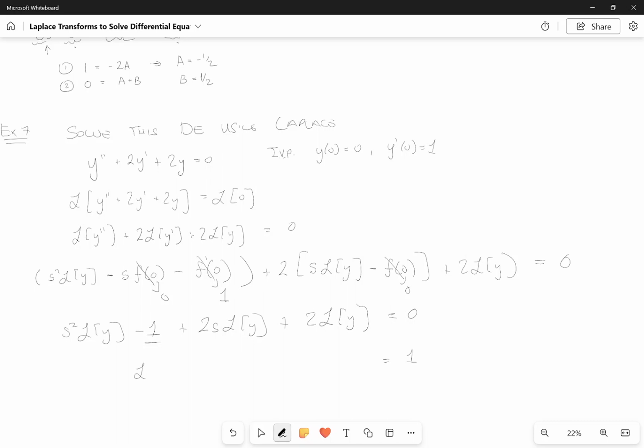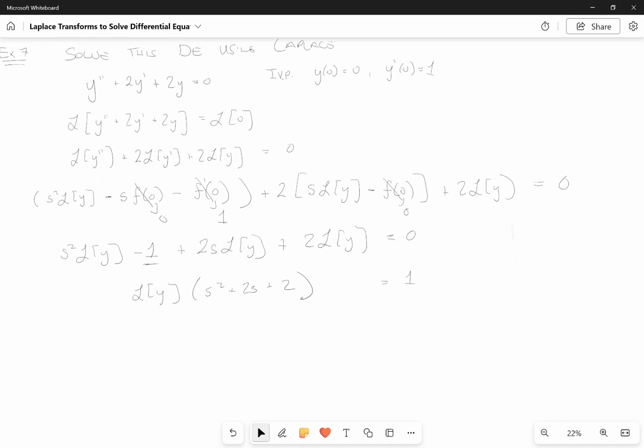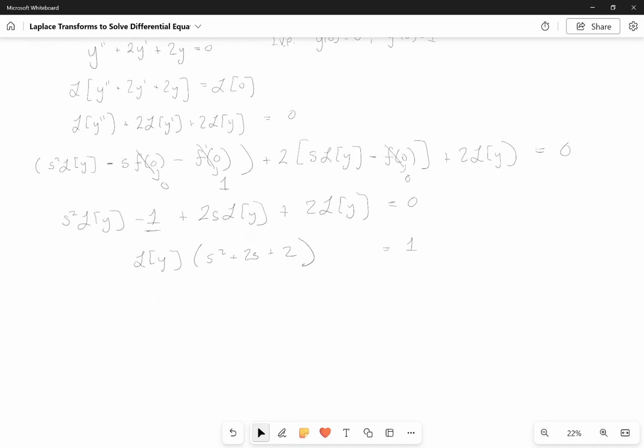I'm going to factor out Laplace of y, or Laplace of f of t, it's the same thing here. So we've got s squared plus 2s plus 2 times Laplace of y equals 1. So we end up with Laplace of y is 1 over s squared plus 2s plus 2.